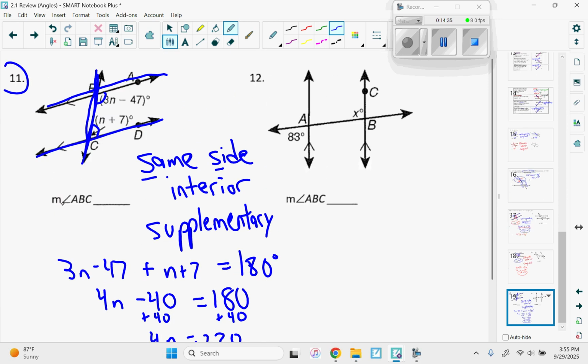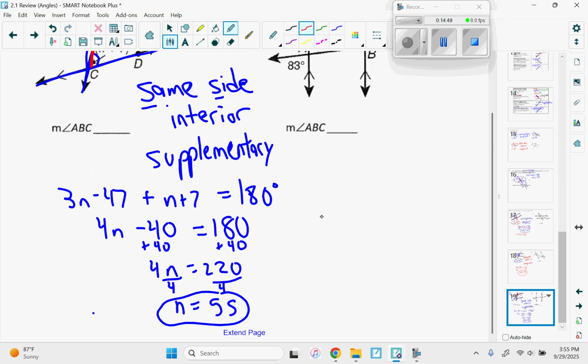And measure of angle ABC, so ABC is this angle here. And so we want to do 3n minus 47. So 3n minus 47, we know n is 55.